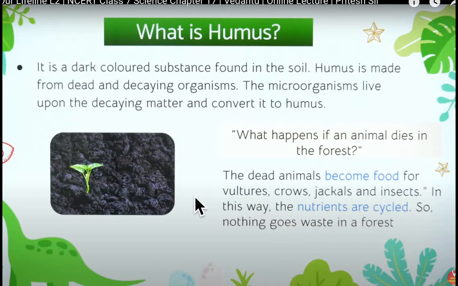Means if some animals die, they become the food for others, and some animals eat plants, and some decompose this dead and decayed matter, and they are the food of them. Those are known as decomposers. So like this the cycle goes on in the forest, nothing goes to waste.